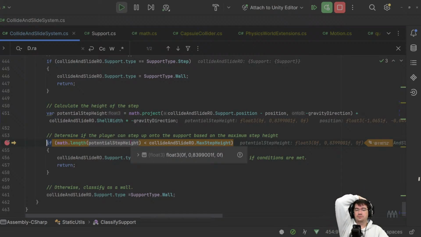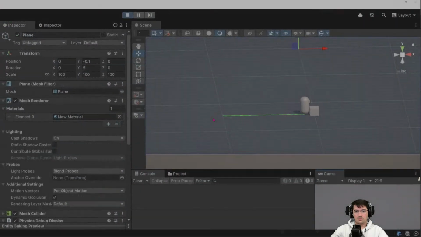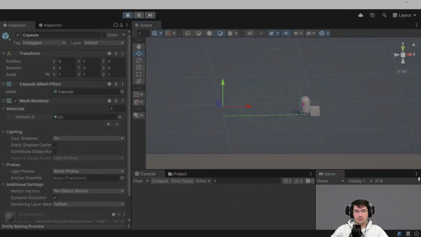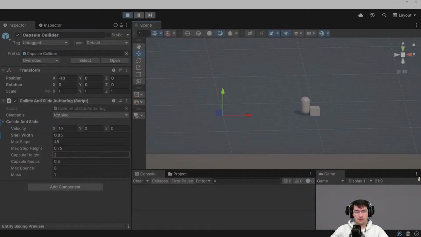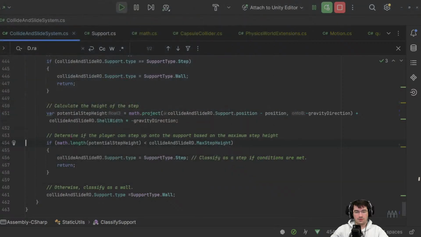So what is my current shell width? Entity 005. I don't get.